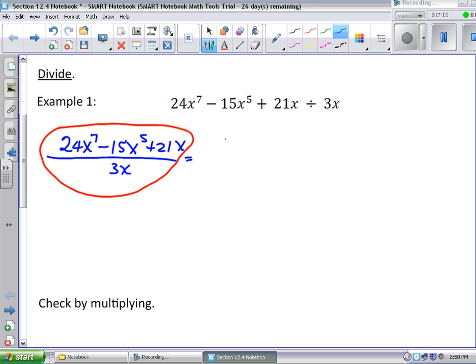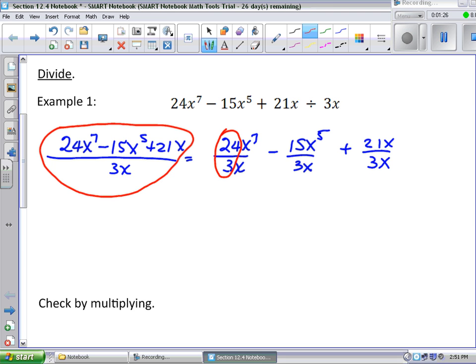So now I'm going to write each term over the common denominator: 24x to the seventh over 3x, minus 15x to the fifth over 3x, plus 21x over 3x. And then I can simplify. 24 divided by 3 makes 8, and x to the seventh divided by x to the 1: remember, when you have division, you subtract the exponents.